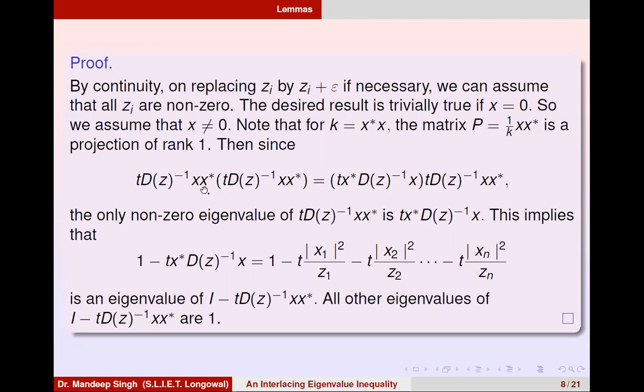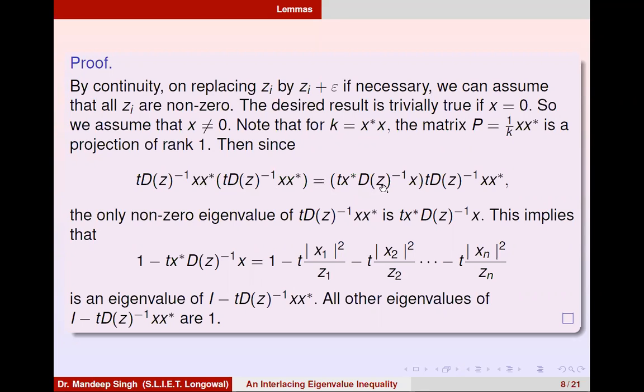From here I take x star with this part, leaving out x star on this side and taking x star into this side. This part is taken out because this is a scalar.